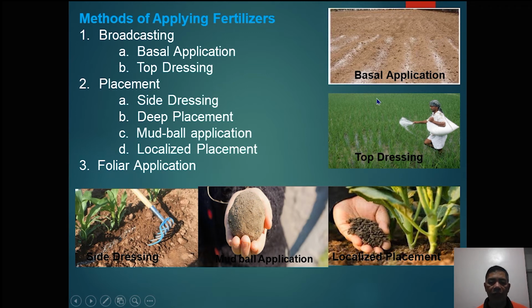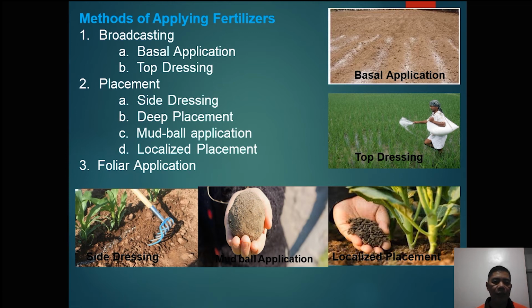And when you apply the fertilizer while the plants are already growing, for instance, during the vegetative stage, you are applying fertilizer through this method, top dressing. But they are both considered broadcasting.